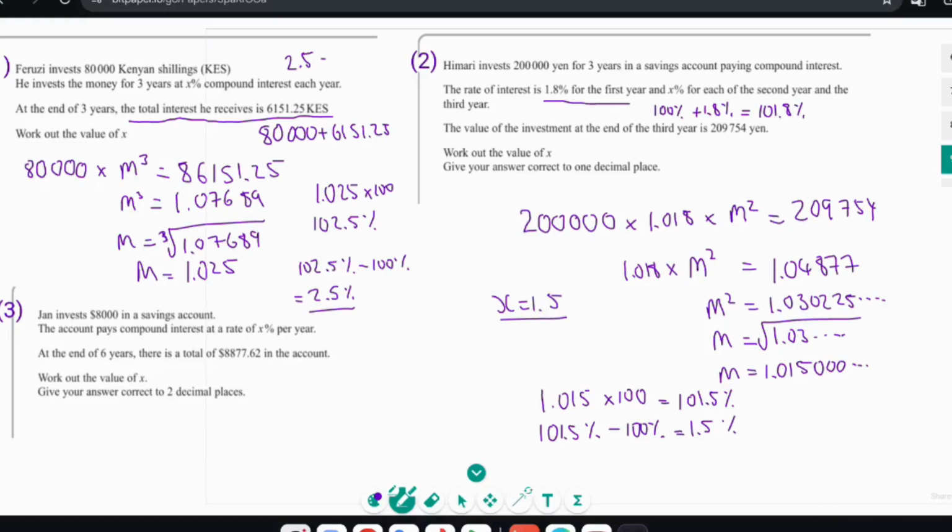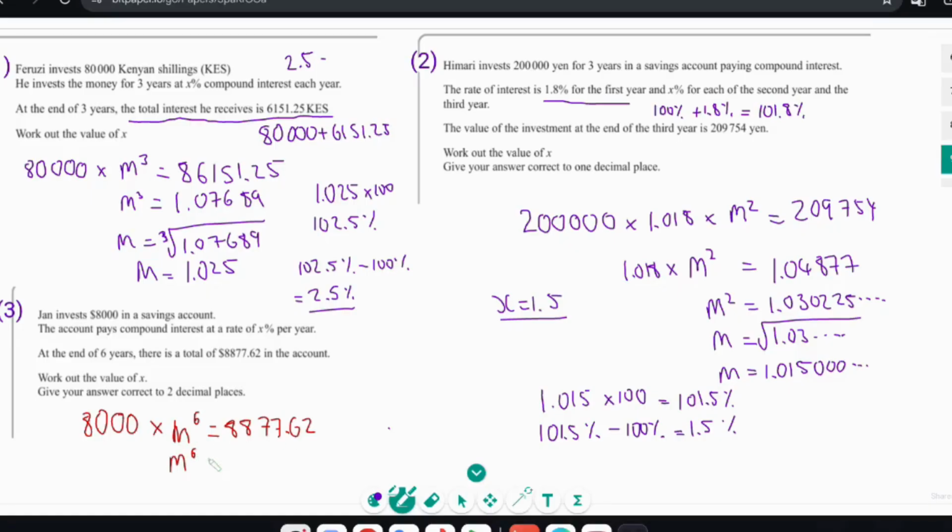Okay, third question. Right, we have Jan invests 8,000 in a savings account. The account pays compound interest of X percent. At the end of 6 years, it's worth 8,877.62. Work out the value of x.